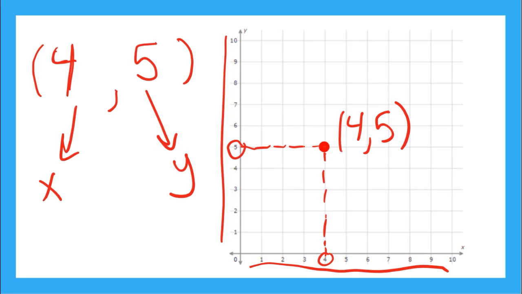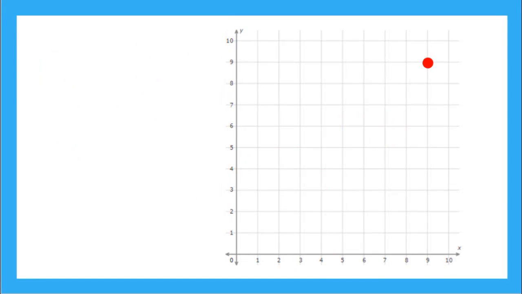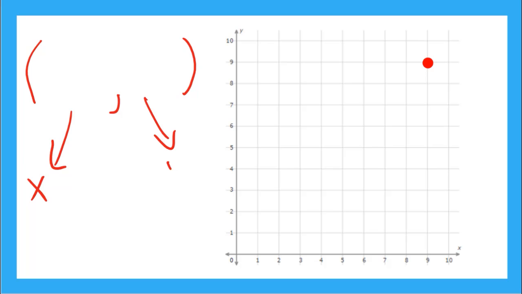Let's do one more like this. So again, here I have my point here, but I'm missing my ordered pair. So I'm going to start with my parentheses and my comma. I know that this spot here is going to be my x-coordinate, and this spot here is going to be my y-coordinate. Remember, my x-coordinate lives down here on the x-axis.